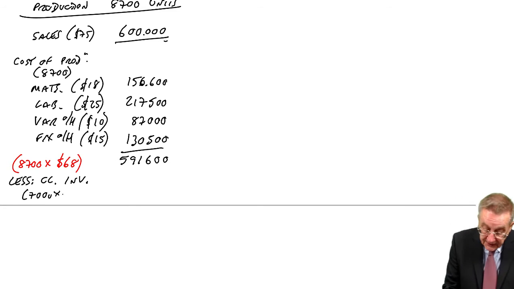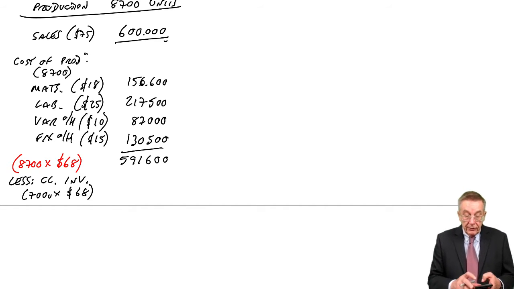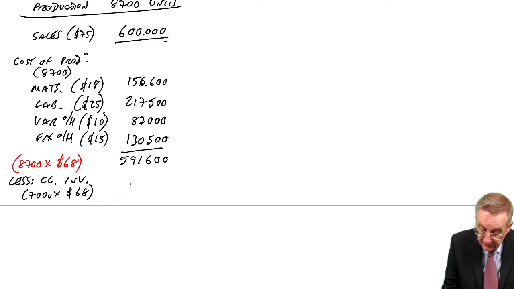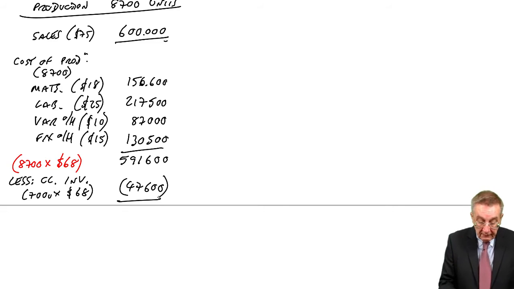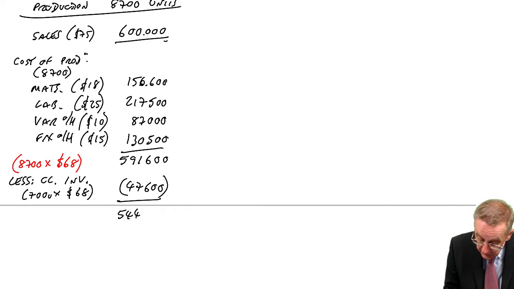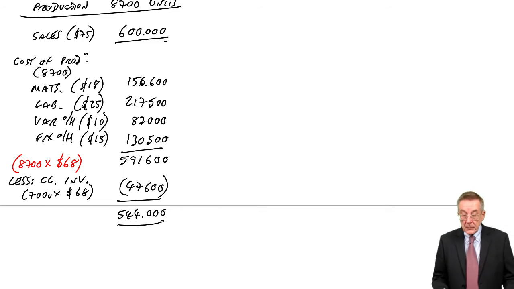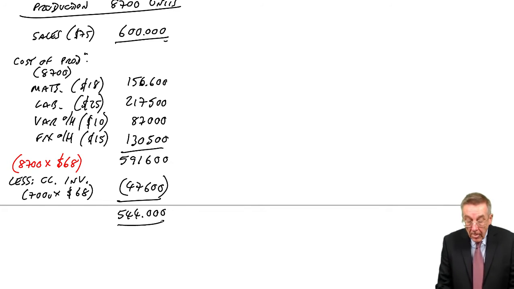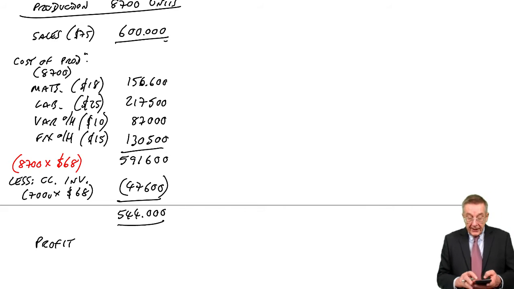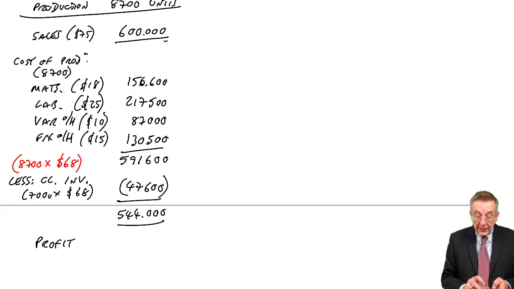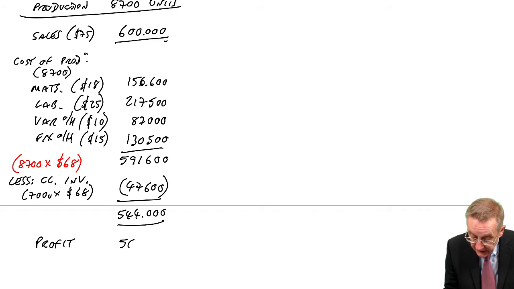And the cost per unit, $68. 700 at 68 is 47,600, giving a cost of sales of 544,000, and therefore a profit, the original budgeted profit, 600 less 544,000, 56,000.